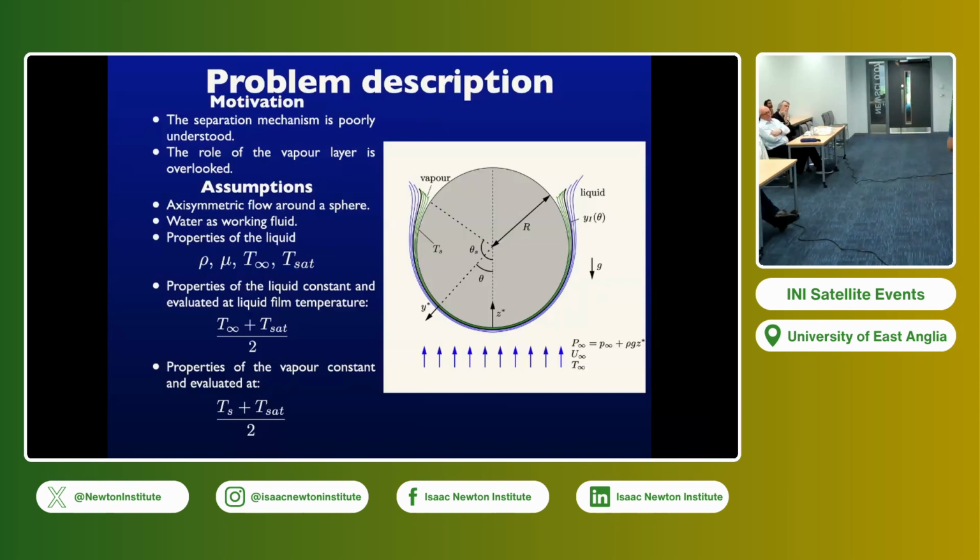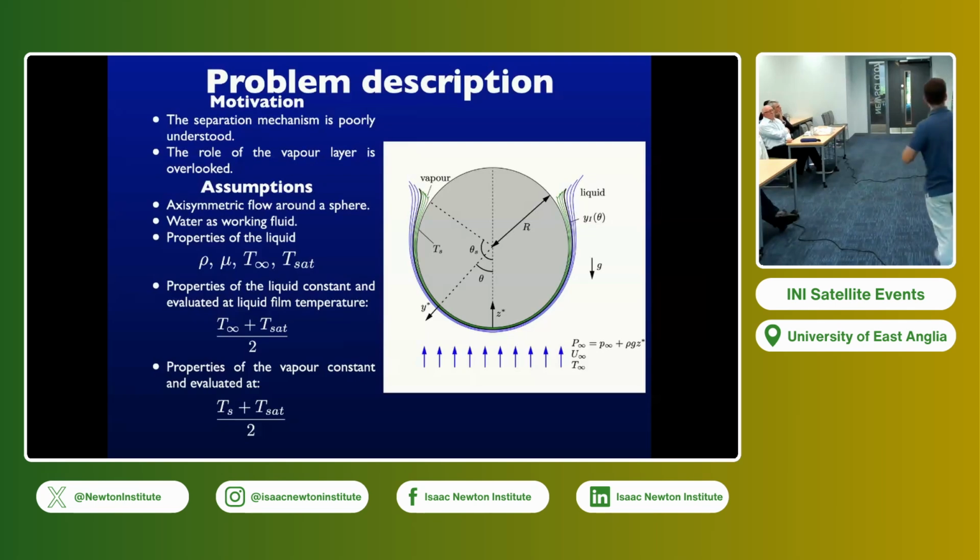So, what we expect to have is a thin layer of vapor, which corresponds with the green solid lines, separated by the interface from the liquid stream, which is marked with the solid blue lines.